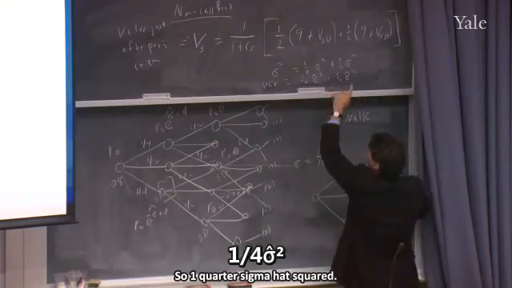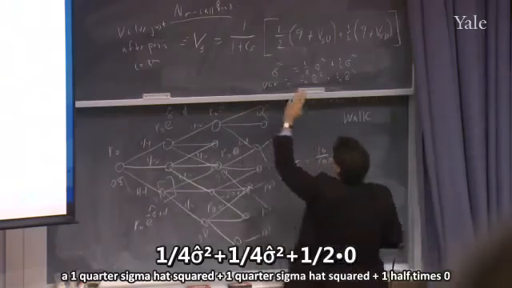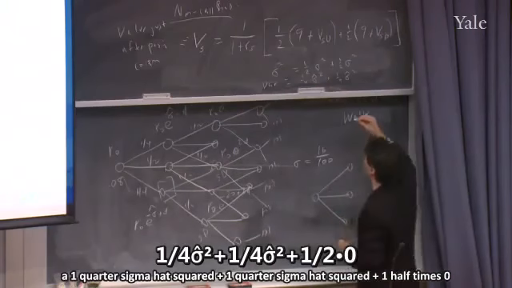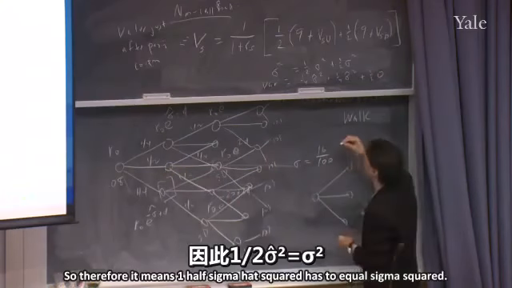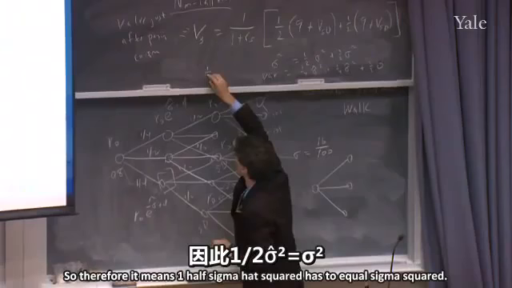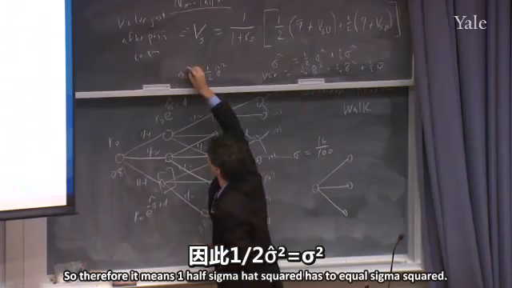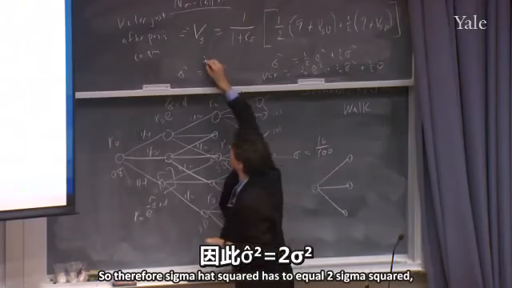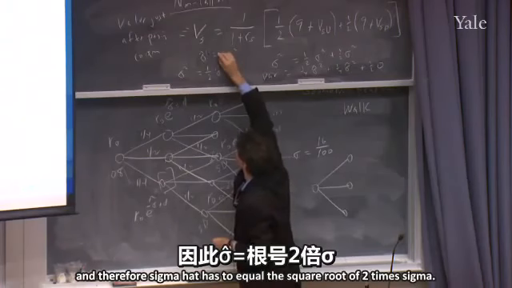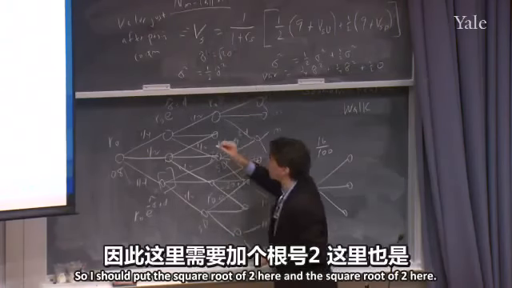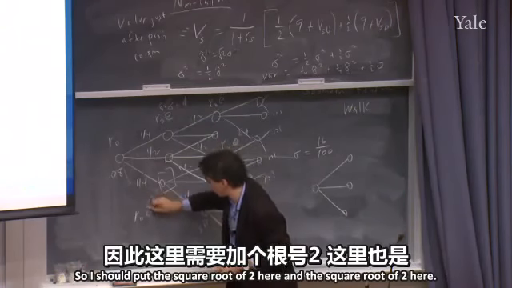If I look at the variance of the exponent, it's a quarter sigma hat squared plus a quarter sigma hat squared plus a half times 0, because half the time you just get the average. Therefore a half sigma hat squared has to equal sigma squared, so sigma hat squared has to equal 2 sigma squared, and sigma hat has to equal the square root of 2 times sigma. So I should put the square root of 2 here and the square root of 2 here.